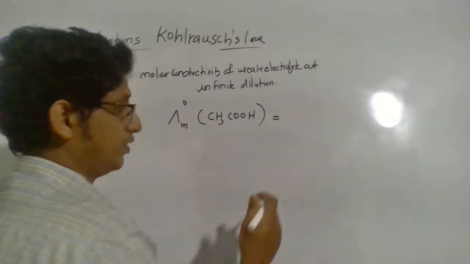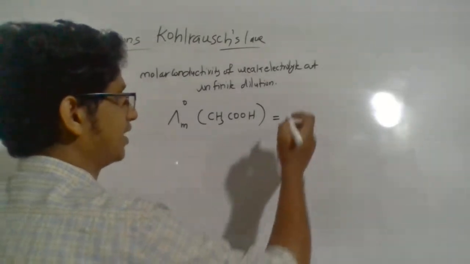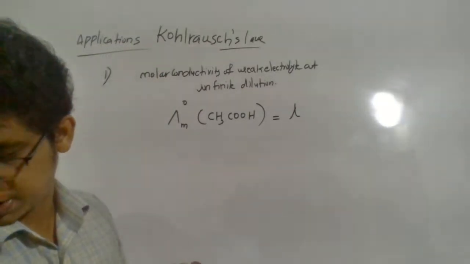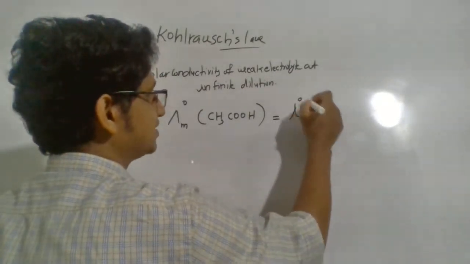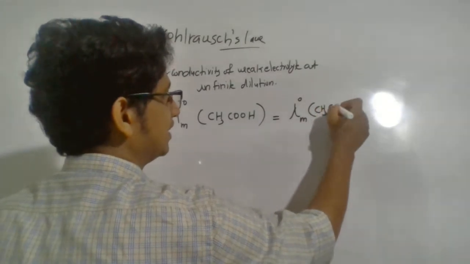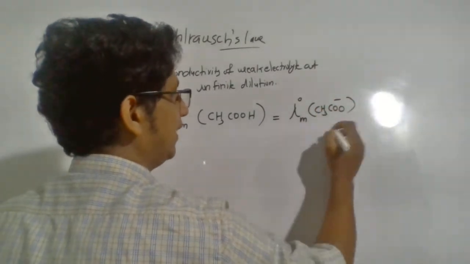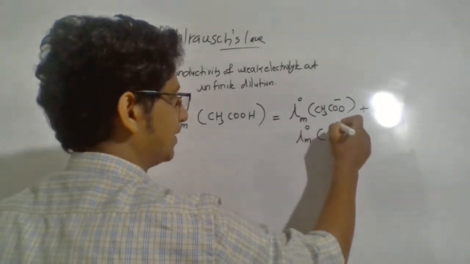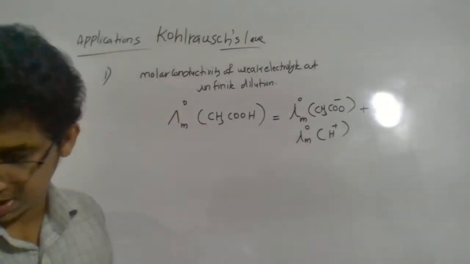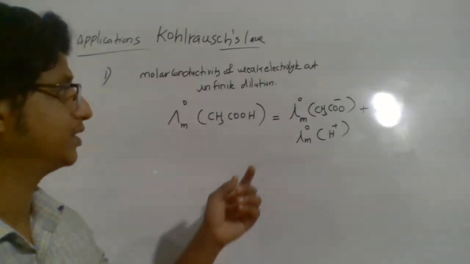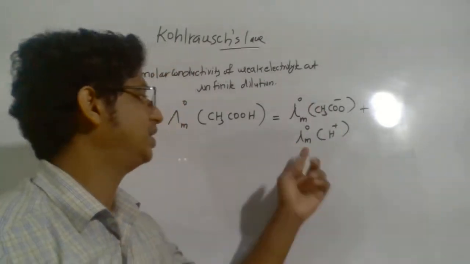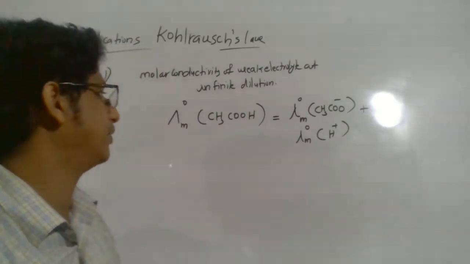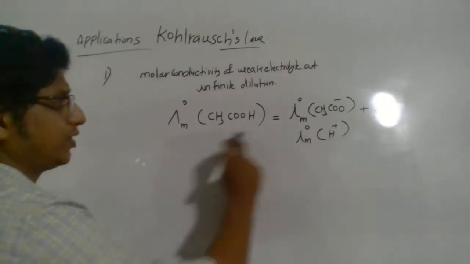It will be lambda m0 of CH3COO minus, that is acetate ion, plus lambda m0 of H plus. Both cation and anion are contributing. So lambda m0 acetate ion plus lambda m0 H plus, contribution from both cation and anion. So this is how you can find it, right?